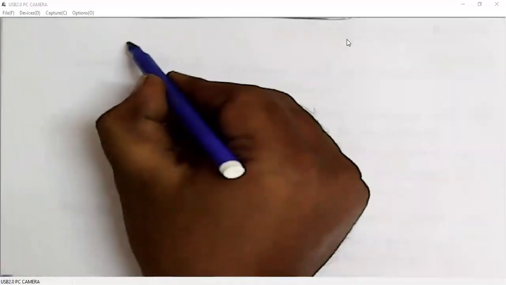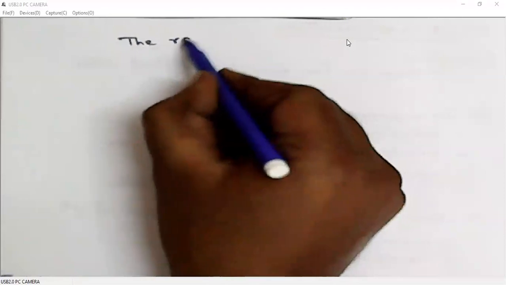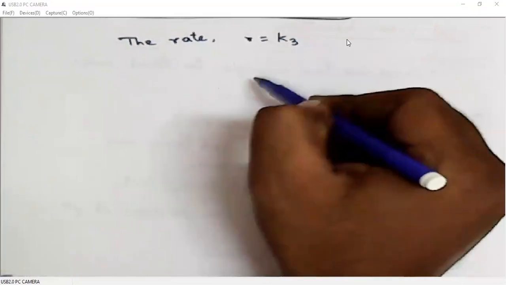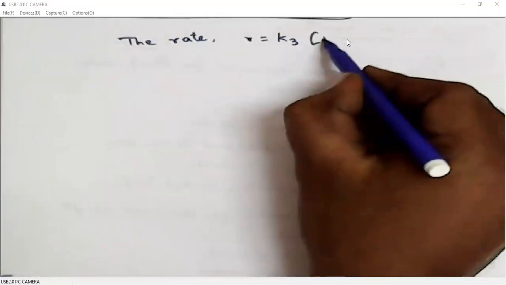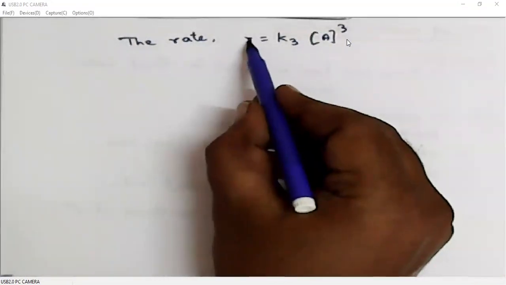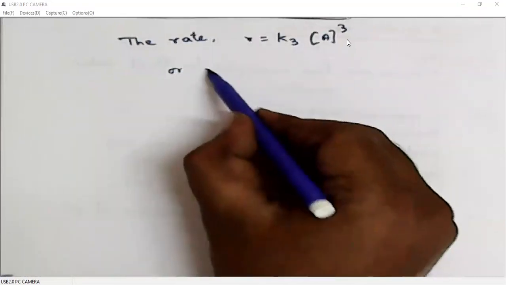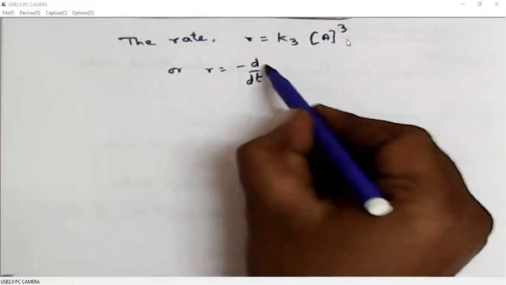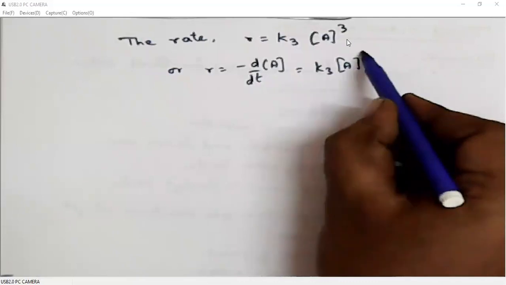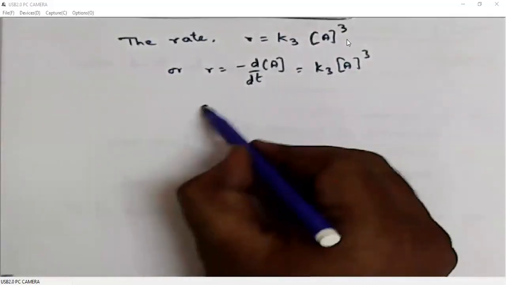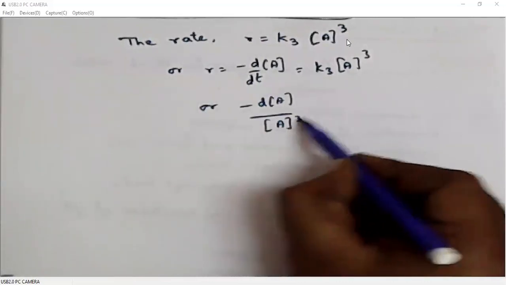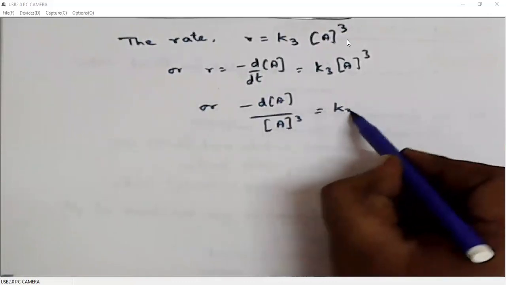According to rate law, the rate expression for a third order reaction is R is equal to some constant K3, because it is a third order reaction, multiplied by A power 3. Now we will substitute differential form of rate. Rate is equal to minus d by dt of A is equal to K3 into A power 3. We will change the variables, all A terms on one side. Since it is a similar reaction, I am rushing a little bit fast.